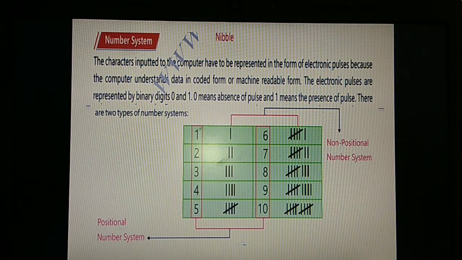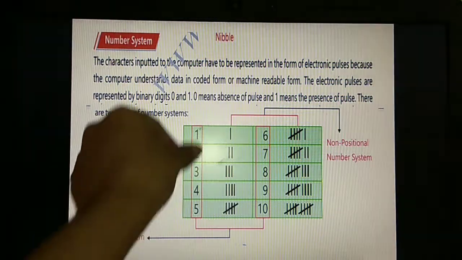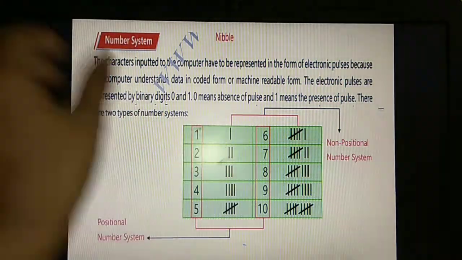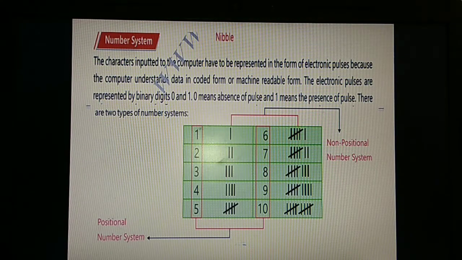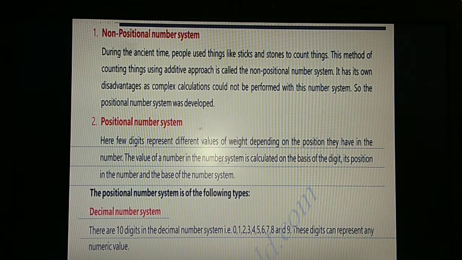It consists of various numbers, and various numbers have various weightage. So, here digits represent different values of weightage depending on the position they have in the number.